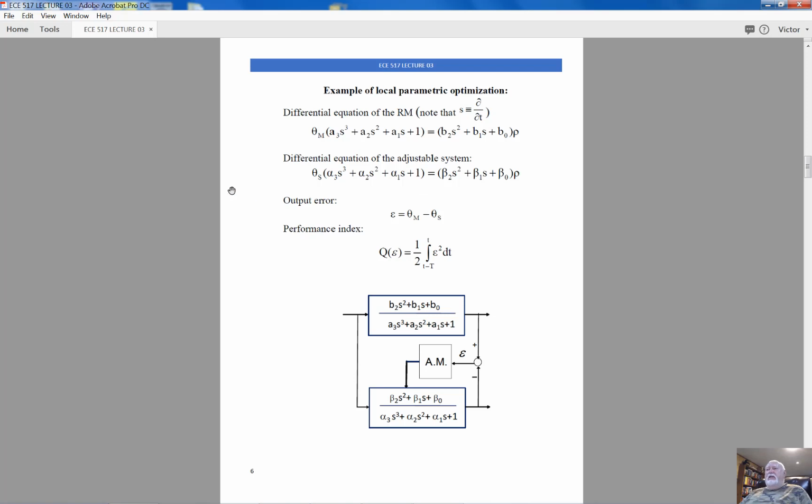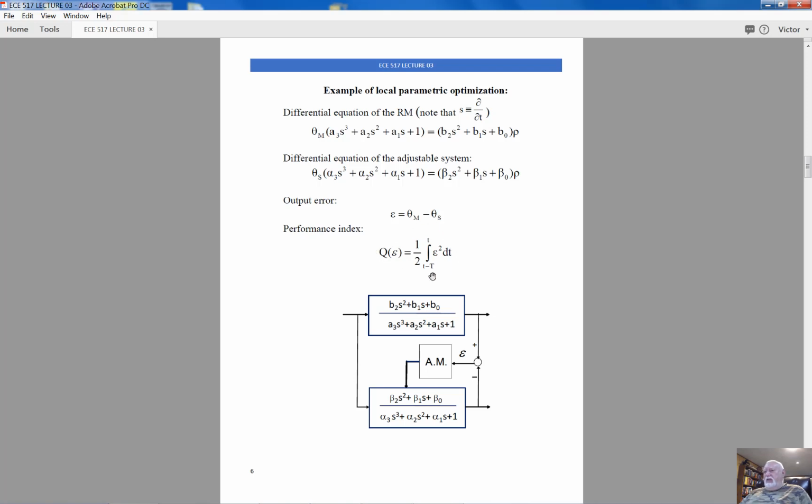We have the parallel configuration. Therefore, the differential equation for the adjustable system is very similar by its structure. However, alpha and beta 2, beta 1, and beta 0 are adjustable. Error is defined as the output of the reference model minus the output of the adjustable system.